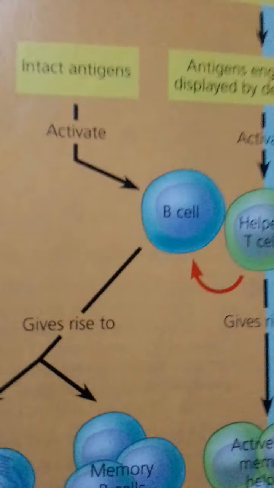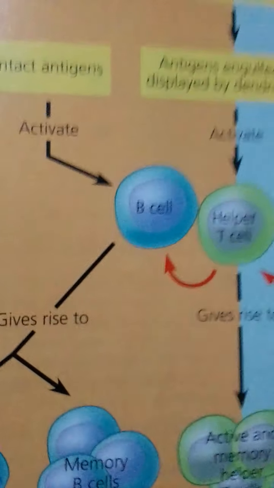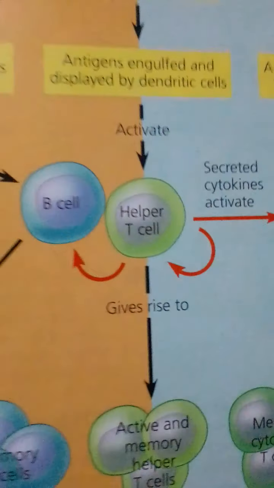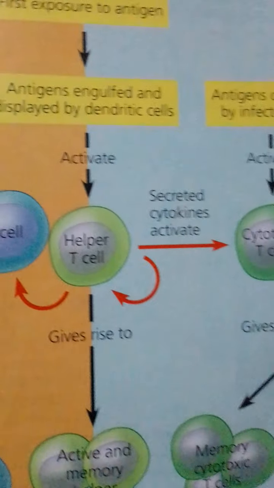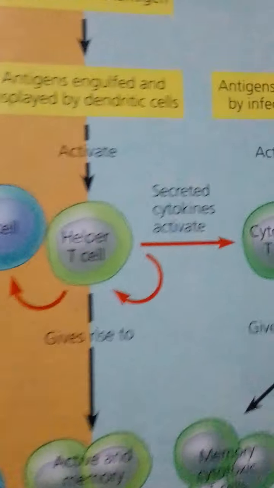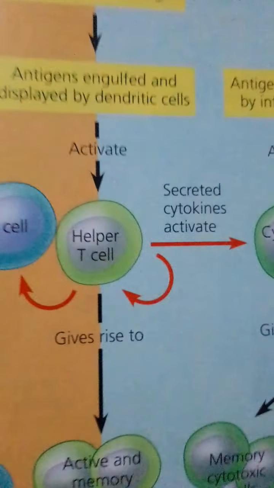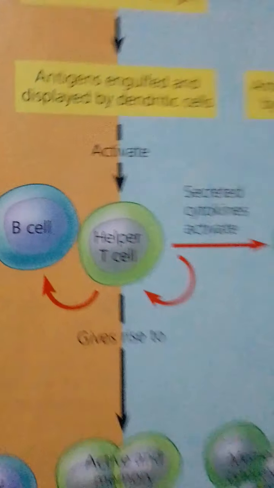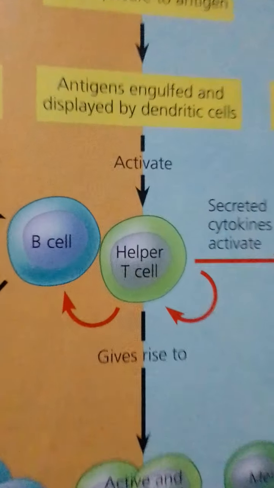These interactions help keep the helper T cell and the antigen-presenting cell joined while activation of the helper T cell proceeds. Activated helper T cells secrete several different cytokines that stimulate other lymphocytes, thereby promoting cell-mediated and humoral responses. The helper T cell itself is also subject to regulation by cytokines.